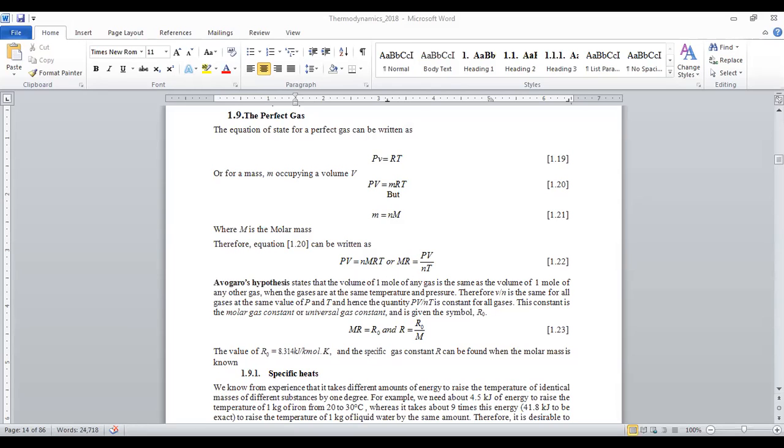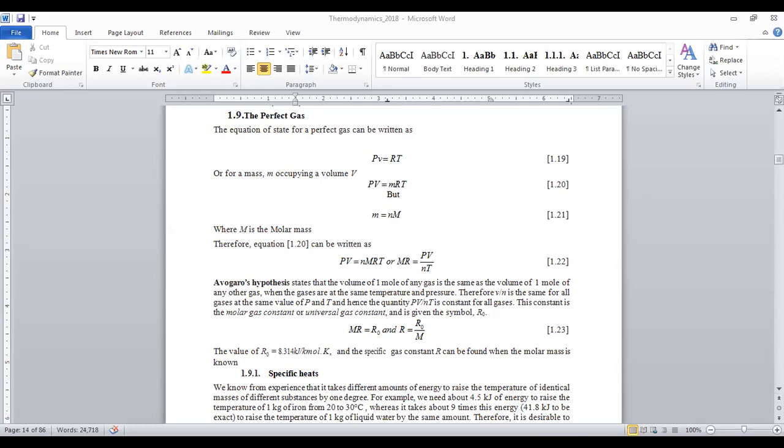So understanding what happens, having a good sense about perfect gas is very important.